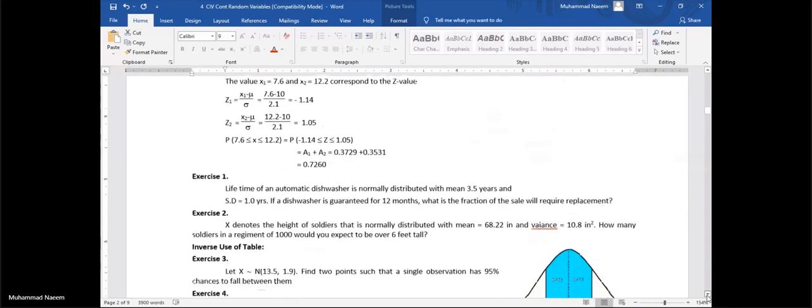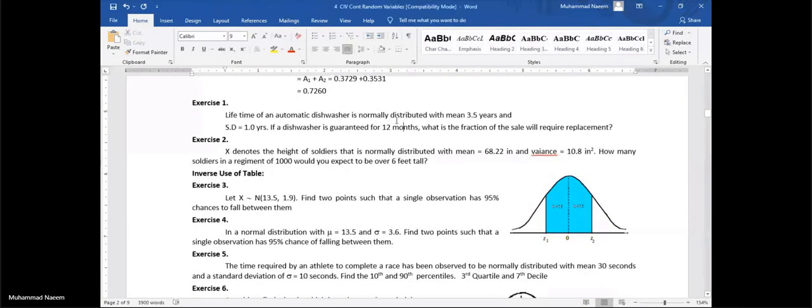So look at this problem: lifetime of an automatic dishwasher is normally distributed with the mean 3.5 year and standard deviation 1 year. If the dishwasher is guaranteed of 12 months, what fraction of the sale will require replacement?